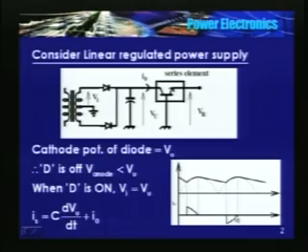So in a linear regulated power supply, if I use this sort of configuration, and let me tell you, invariably you use the same configuration, the source supplies power for a very short duration.